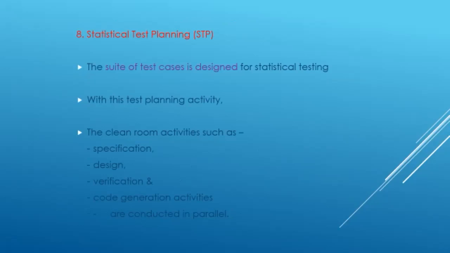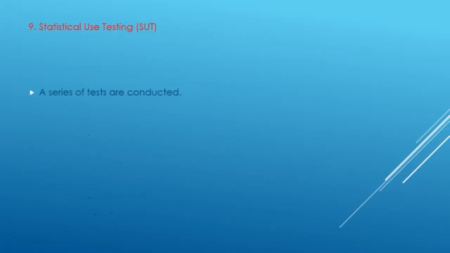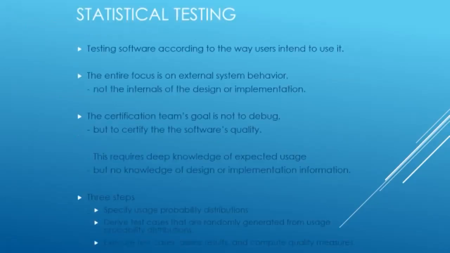With this test planning activity, the cleanroom activities such as specification, design, verification, and code generation are conducted in parallel. 9. Statistical use testing. A series of tests are conducted. Statistical testing means testing software according to the way users intend to use it.